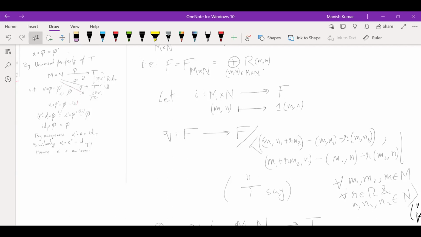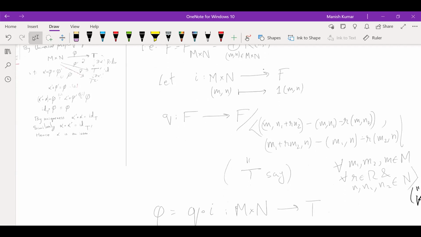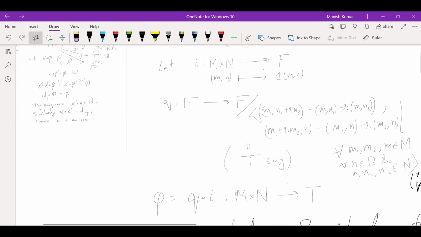That is what we want. That's why we are quotienting out by this. Similarly, to force linearity in the first variable, you have to put these in.